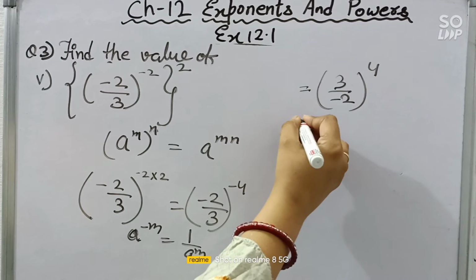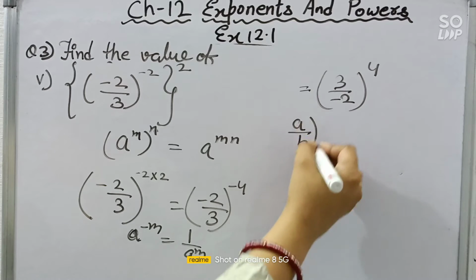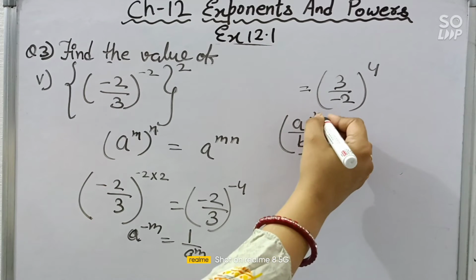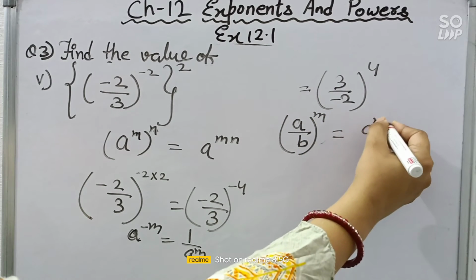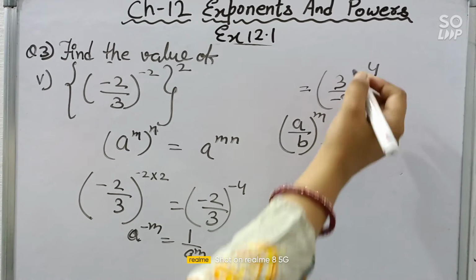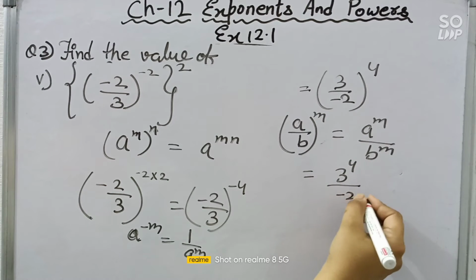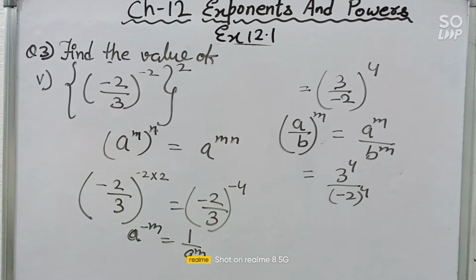Right? Another law is (a upon b) whole to the power m is equal to a to the power m upon b to the power m. Apply this to this expression and we will get 3 raised to the power 4 upon minus 2 raised to the power 4.